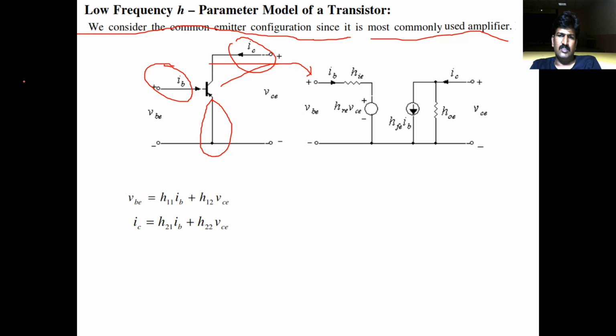Here you could understand it like a two-port network model. Input voltage V1 is nothing but VBE, I1 is nothing but IB, V2 is nothing but VCE, and I2 is nothing but IC.